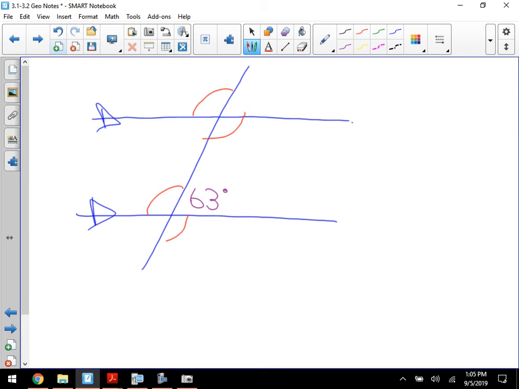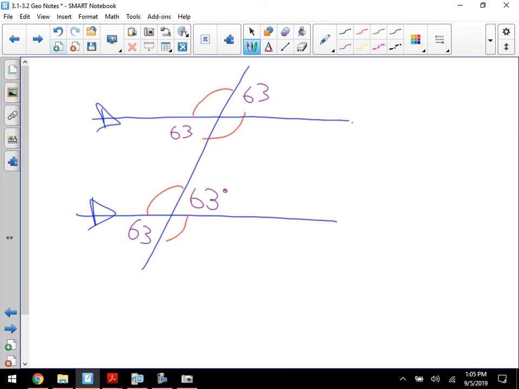Did I run into the 63-degree angle? Nope, not at all. So that means every angle that I didn't touch has to equal how much? 63. Every single one of those has to be 63. So there's 63, 63, and 63. Notice again, these two guys are corresponding. Same side, same position.